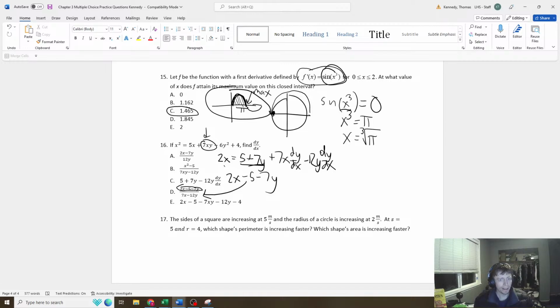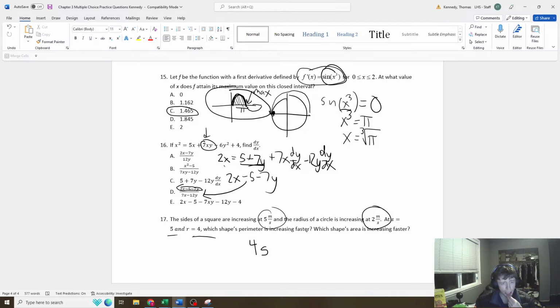about this one. So sides of a square are increasing at 5 meters per second. The radius of a circle is increasing at 2 meters per second. We know S and R. Which shape's perimeter is increasing faster? So all you have to do is find the perimeter equation. The perimeter equation of a square is 4S.